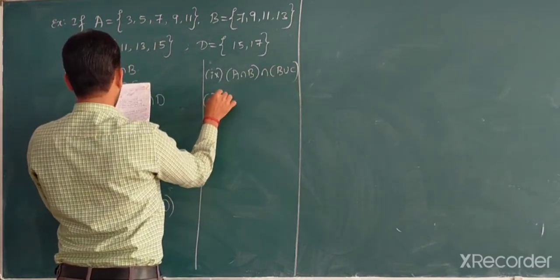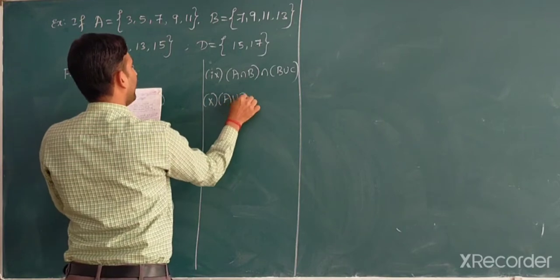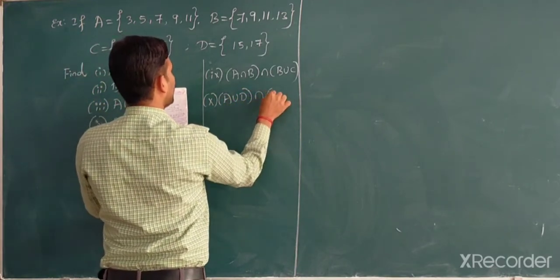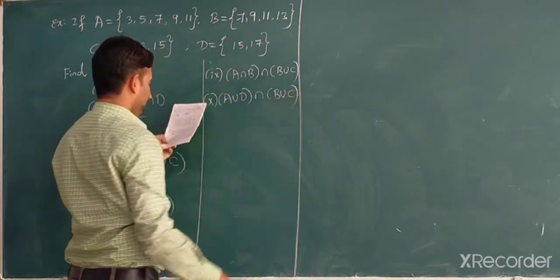After that, the last one, the 10th one, (A union D) intersection (B union C).